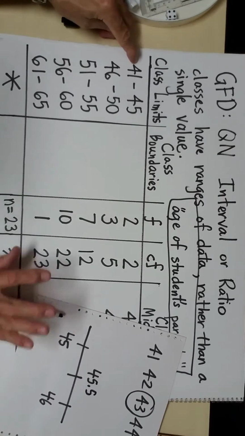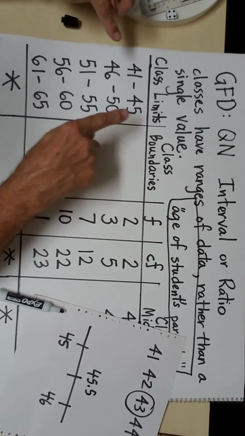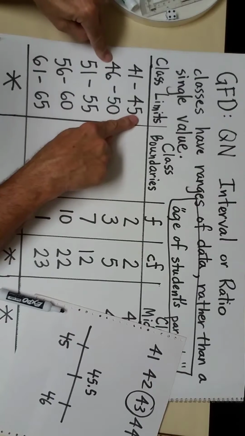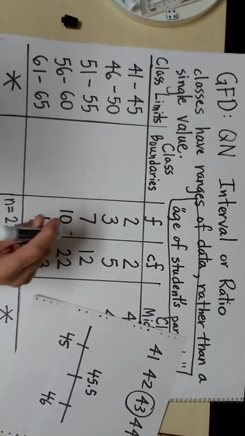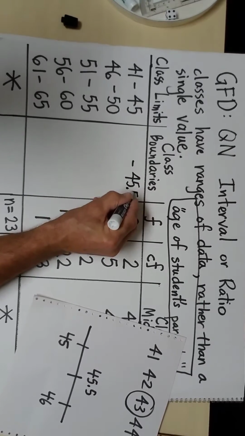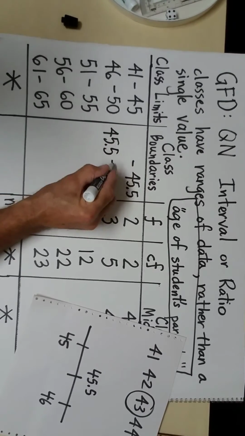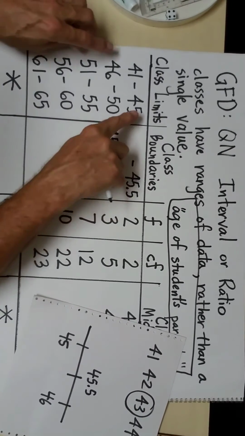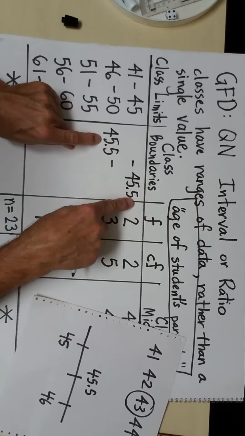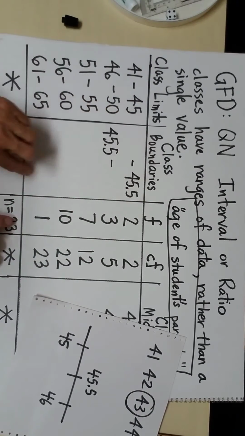For this first class, 45 is called the upper class limit of the first class, and 46 is called the lower class limit of the second class. We want the number halfway between those, so that would be 45.5. That becomes the upper class boundary of the first group, and it also becomes the lower class boundary of the second group. So between 45 and 46, they have essentially the same class boundary value.